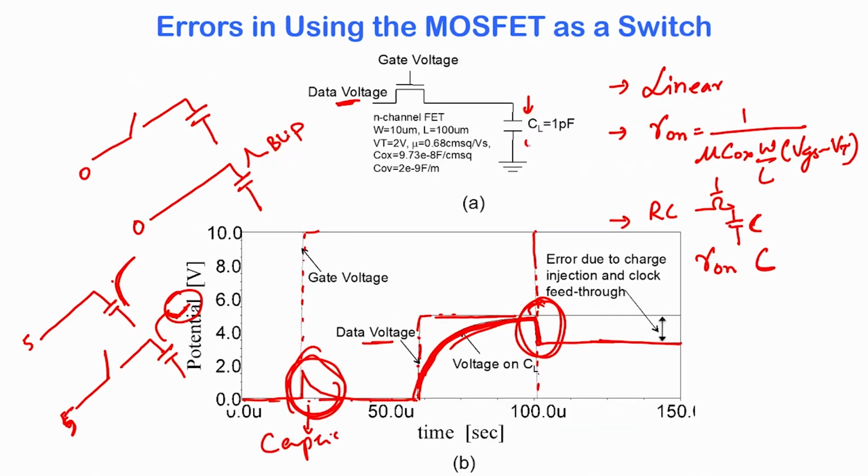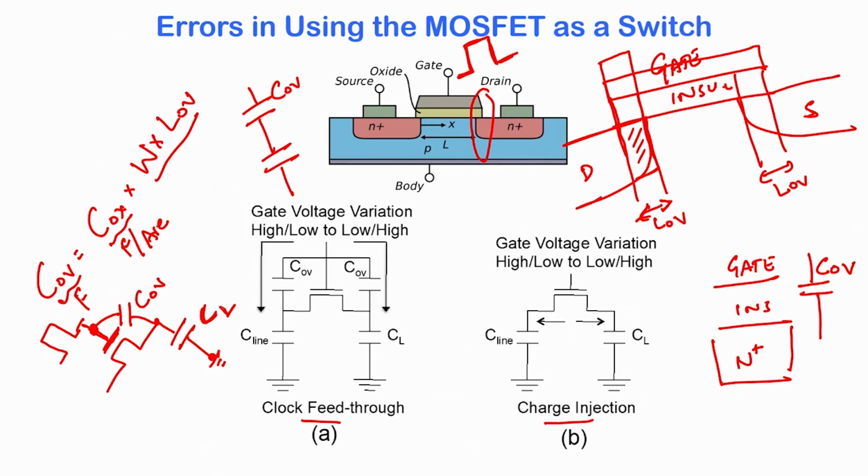That is your CL, the load capacitance. So, we have these two capacitors in series and a gate voltage that is going up and coming down, and it is this voltage that is creating a fluctuation on your load capacitance.